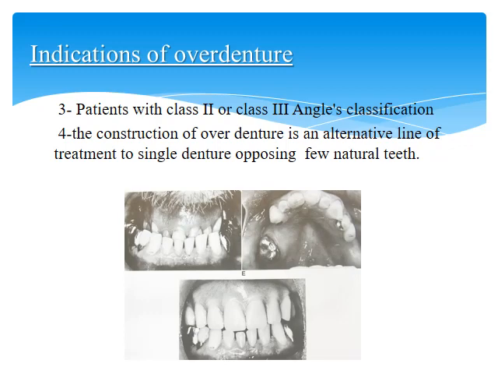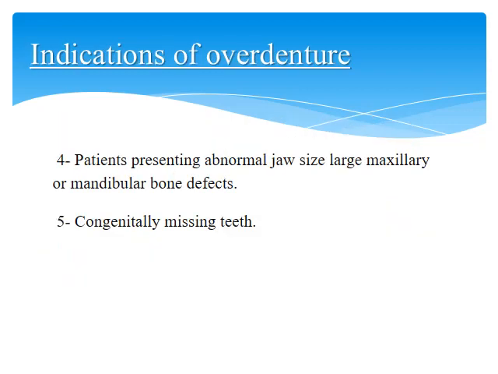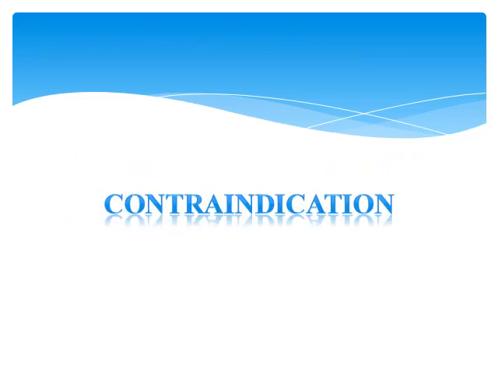Fourth, the construction of overdenture is an alternative line of treatment to single denture opposing few natural teeth. Fifth, patients presenting congenital defects such as cleft palate, microdontia, amelogenesis, or dentinogenesis imperfecta. Patient presenting abnormal jaw size, large maxillary or mandibular bone defect, and congenitally missing teeth.